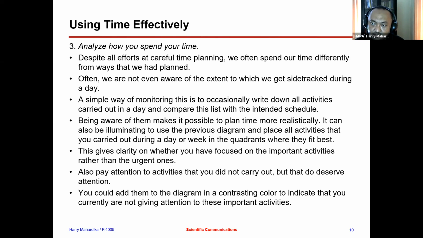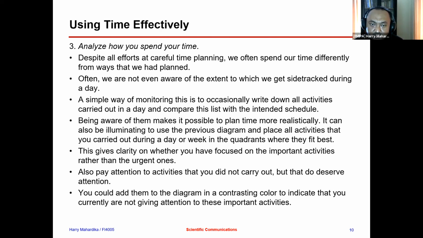Instead of just 2 hours, it becomes 3 or 4 hours to do research, because you are in the zone, because you are so concentrating on the thing that you work on, so that other activities that should be done after 3 p.m. you forgot about it. So analyzing the time you spend for a certain activity needs to be done at this moment.